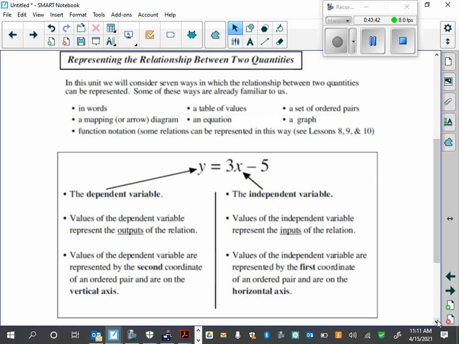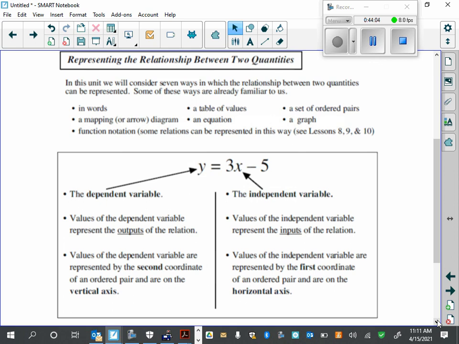So the dependent variable is y. It's dependent on the value of x to calculate it. But it might not always be y. It might be d equals vt. So d, the variable by itself, is the dependent variable.